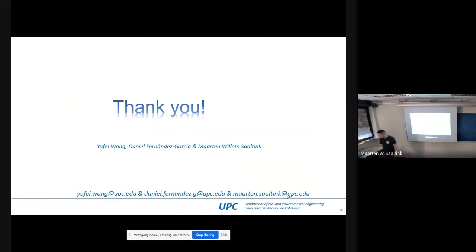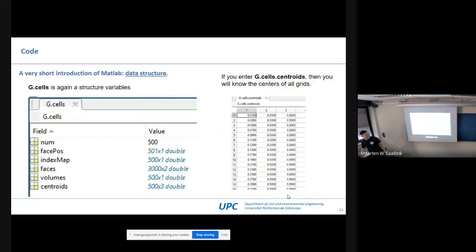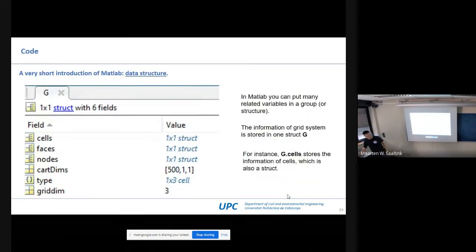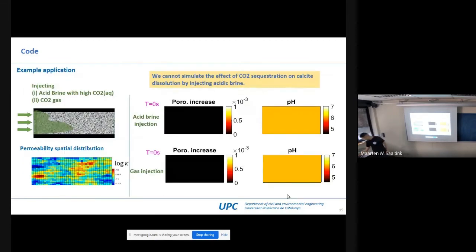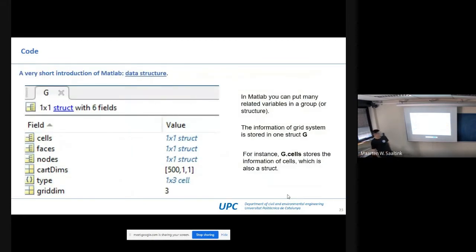I would like to ask if in your code, you have to change something, the permeability, or maybe the grid. You actually change the... For the porosity, I define the division.